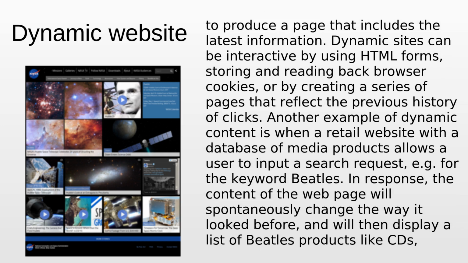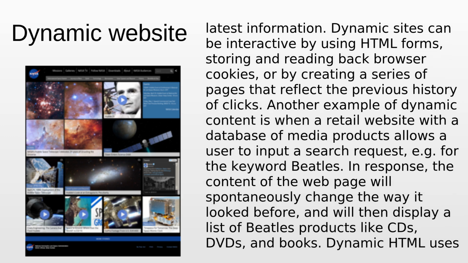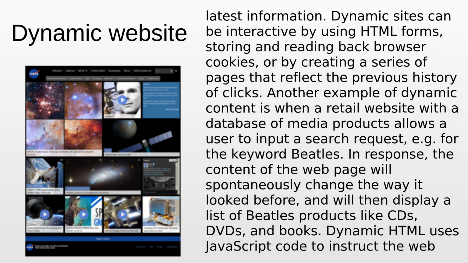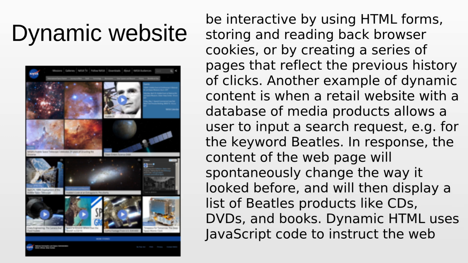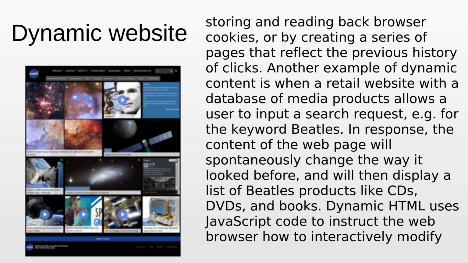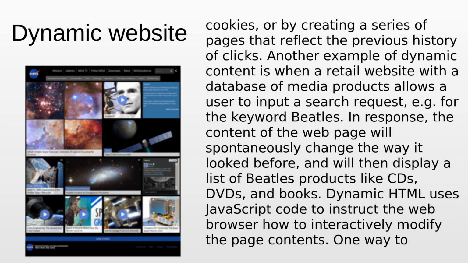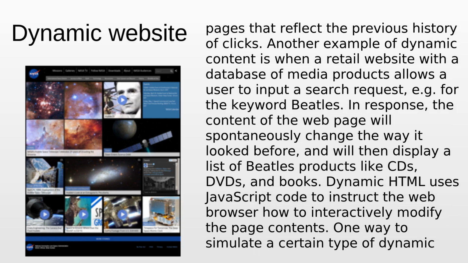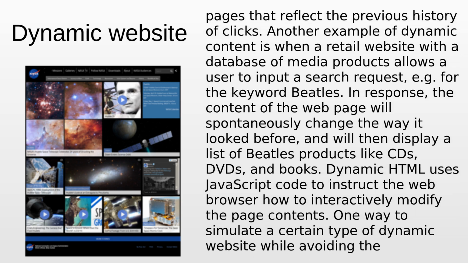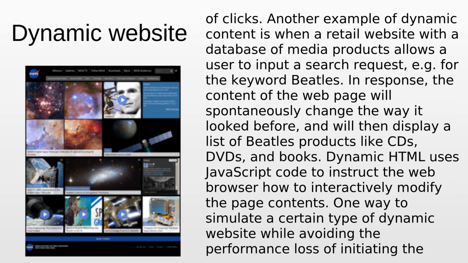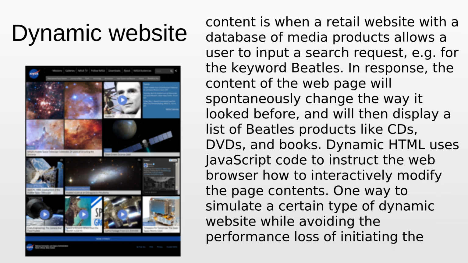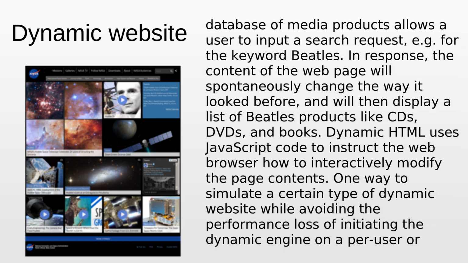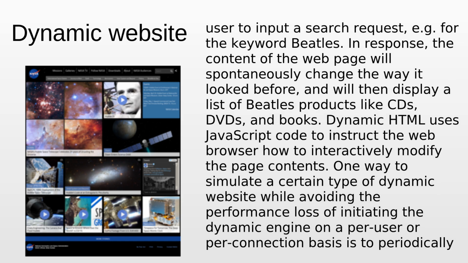Dynamic sites can be interactive by using HTML forms, storing and reading back browser cookies, or by creating a series of pages that reflect the previous history of clicks. Another example of dynamic content is when a retail website with a database of media products allows a user to input a search request, e.g. for the keyword Beatles.